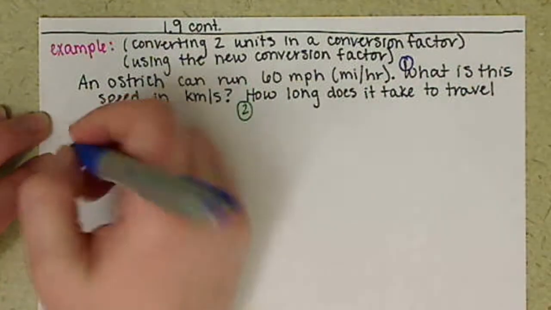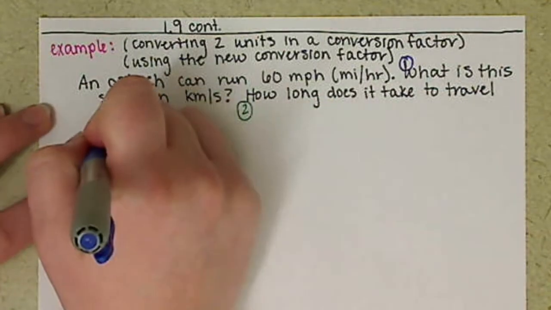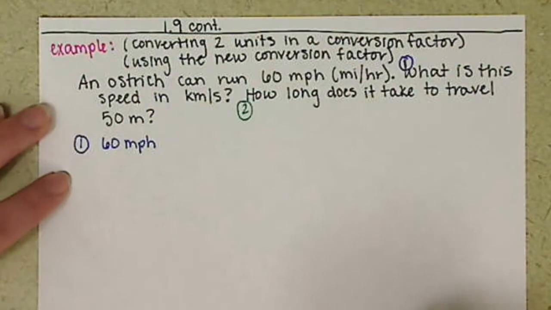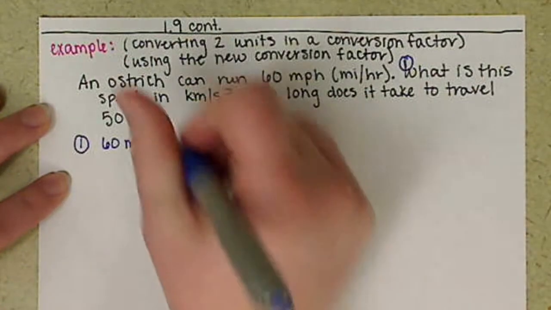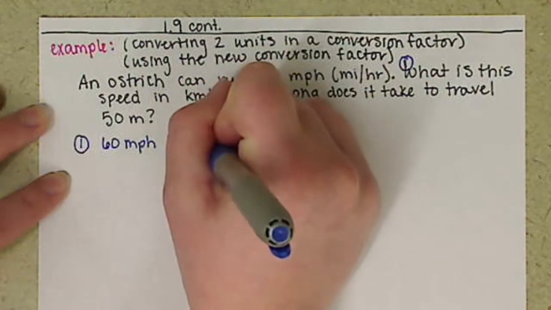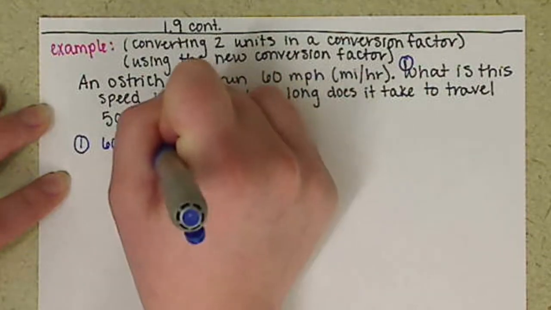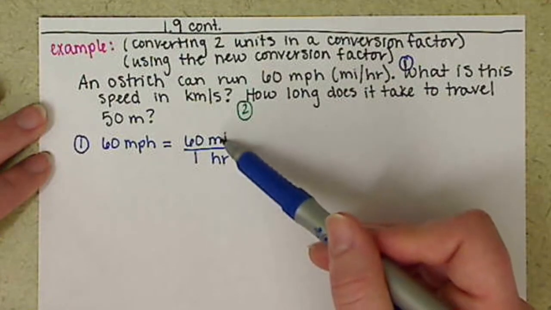All right, so our first portion here, we have our 60 miles per hour. Or a better way to write this so that we can start to see our units is we have 60 miles per 1 hour. The important thing here now is we're starting to separate.